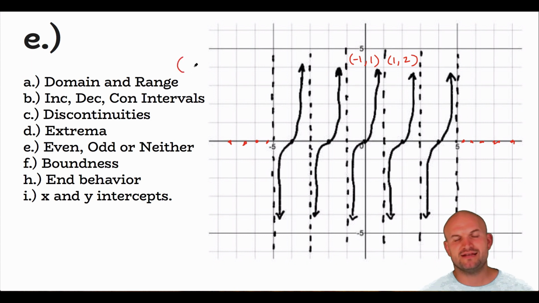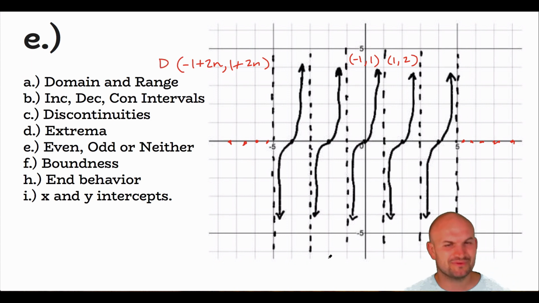I can basically say -1 plus 2n, comma, the next asymptote is 1 plus 2n. Now, if I want to get from -1, the next asymptote is going to occur 2 more units over. You might say, well, what is n?